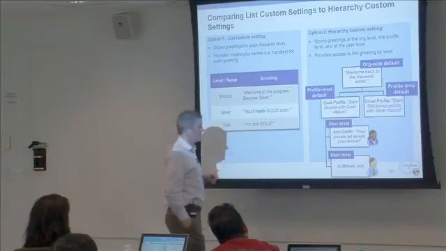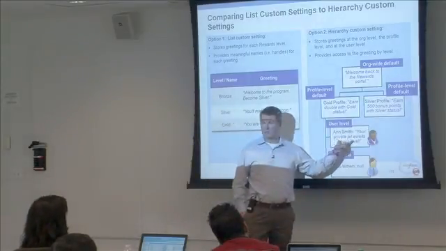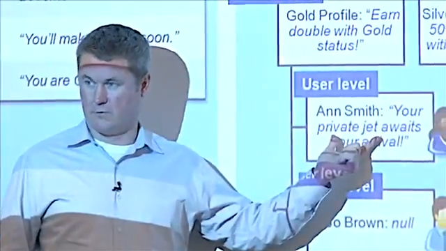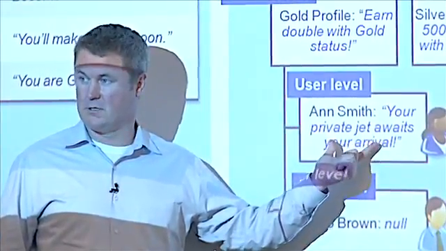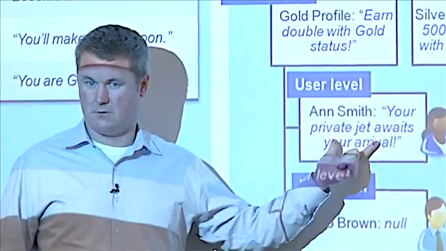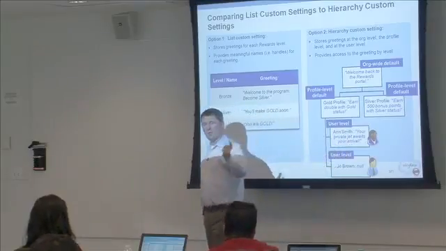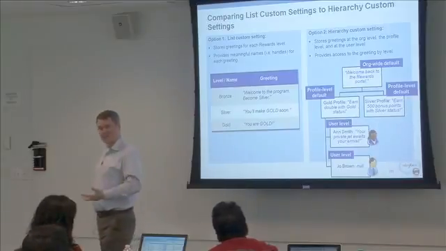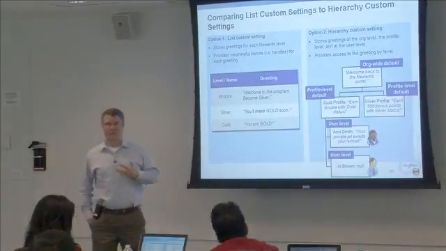In that case, you would create a user level record, and "can you do this thing" would be set equal to yes. Okay? So think of custom settings that way, where we're taking into context, when we're fetching these records to get either data or these flags, you know, can you do this thing based on the profile? And then also we can override that on a user by user basis.